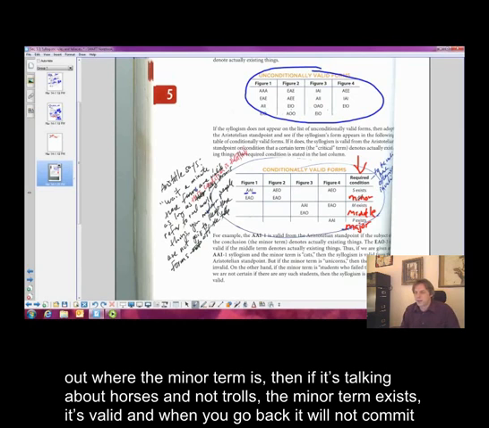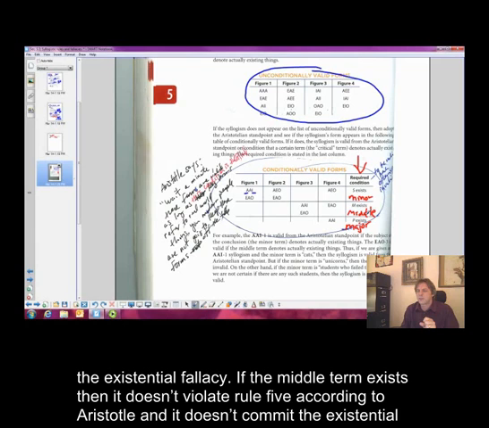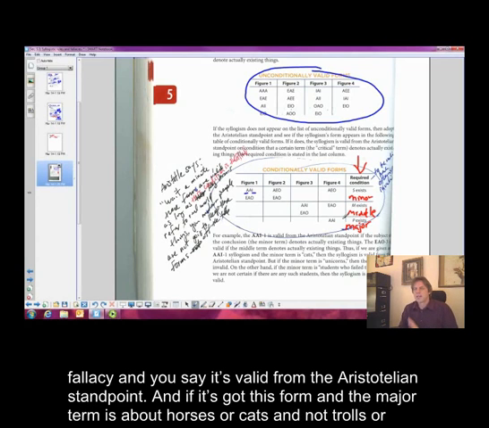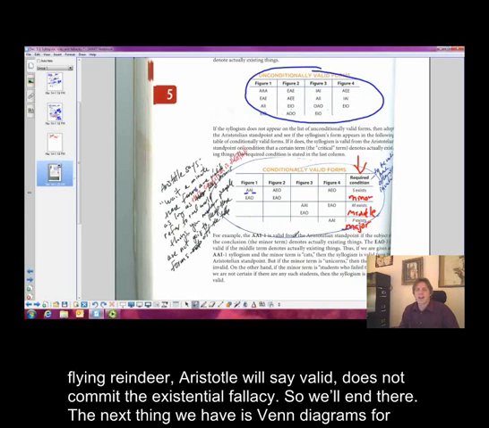So find out where the minor term is, and if it's talking about horses and not trolls, the minor term exists, it's valid, and when you go back, it will not commit the existential fallacy. If the middle term exists, then it doesn't violate Rule 5 according to Aristotle, and it doesn't commit the existential fallacy, and you say it's valid from the Aristotelian standpoint. And if it's got this form and the major term is about horses or cats and not trolls or flying reindeer, Aristotle will say valid, does not commit the existential fallacy.